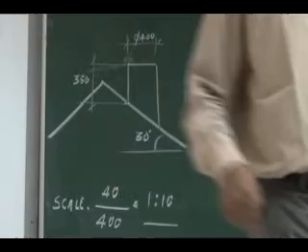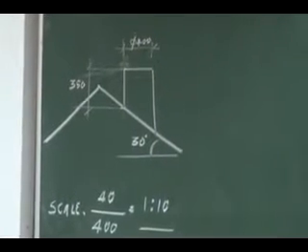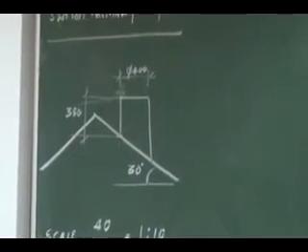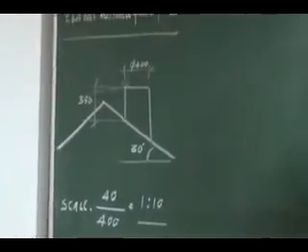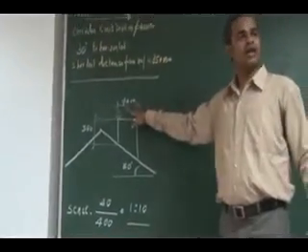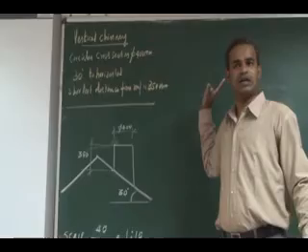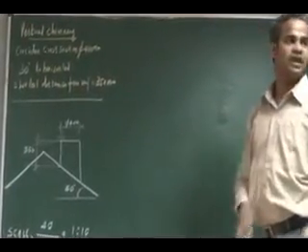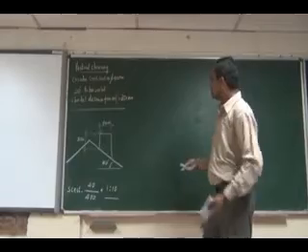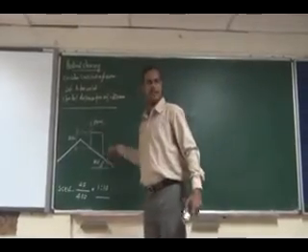Once you have drawn the development, below that you write the scale 1:10 you have used. But during the dimensioning of your development, you have to use the actual value 400. You will draw to 1:10 scale. Is it clear?